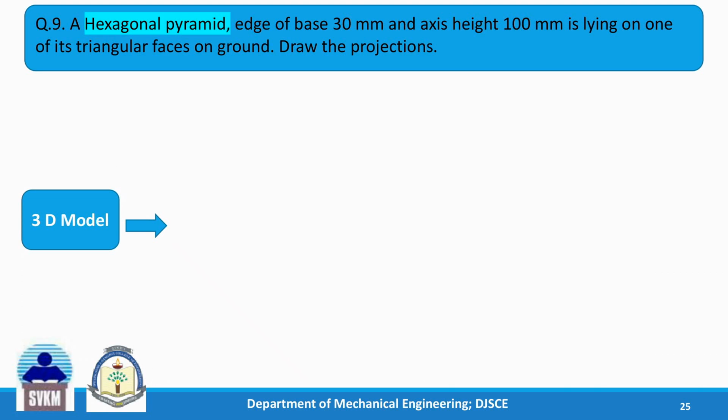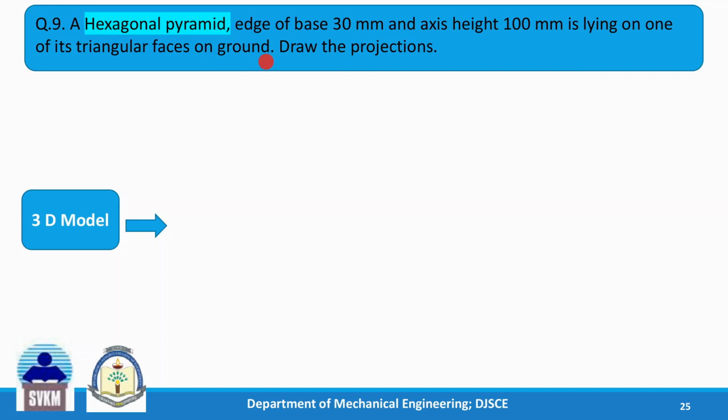Now let us solve this now. A hexagonal pyramid, edge of base 30 mm and axis 100 mm, is lying on one of its triangular faces on ground. Draw the projections. Just see, the solid is hexagonal pyramid and it's lying on triangular face on the ground.